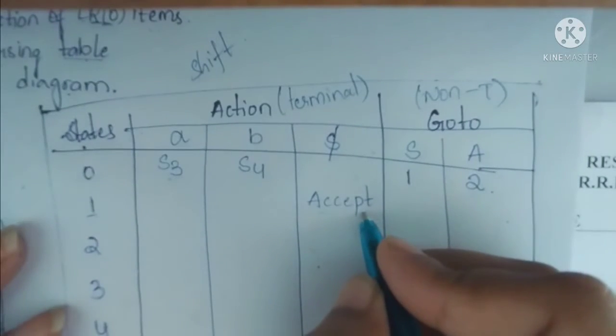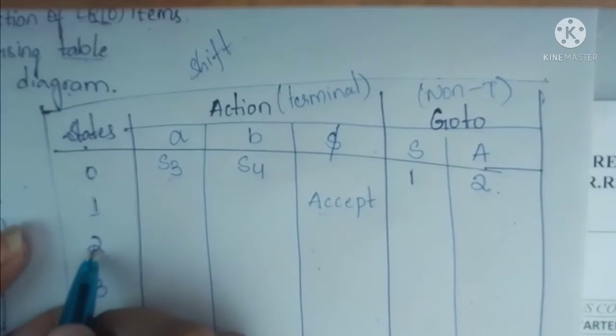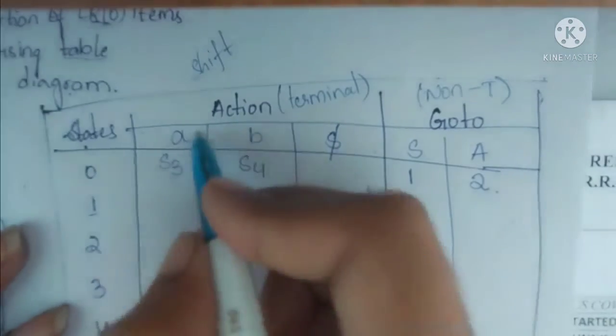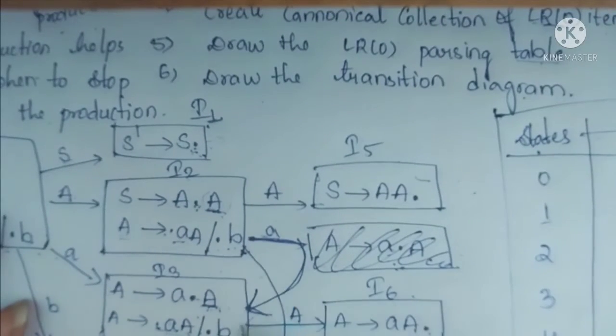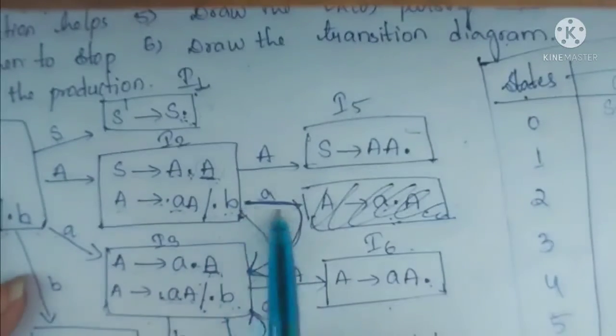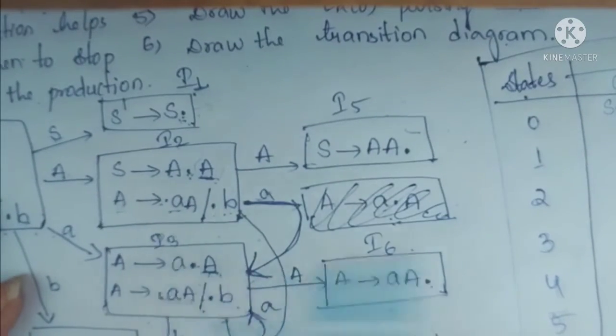Next, coming to the next state, I2 on A. Check the I2 prediction, where A is going. I2 on A is moving to I3, so you have to write S3.